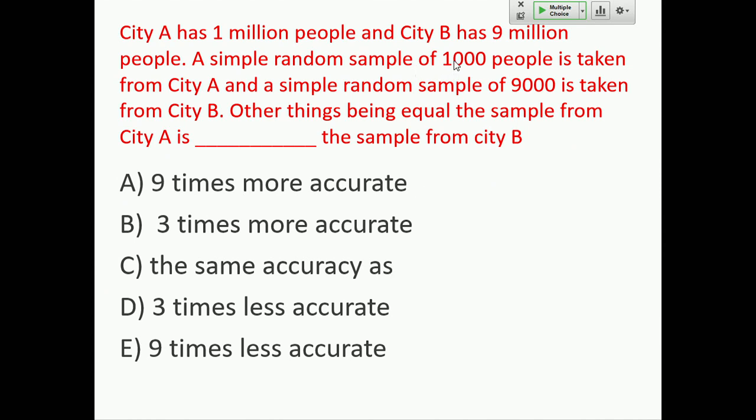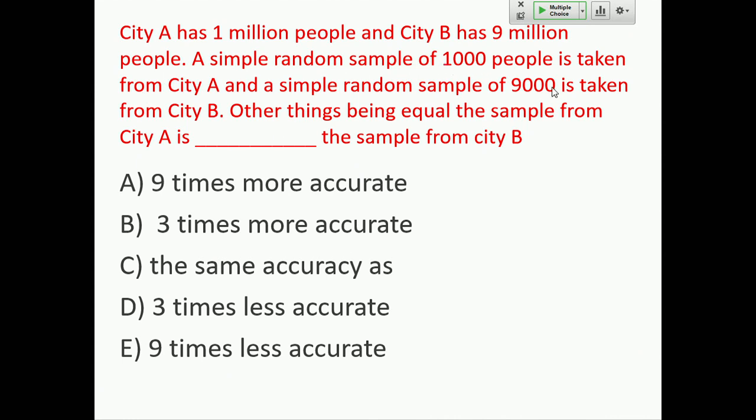Remember, if it was 1,000 and 1,000, it would be the same accuracy, right? You're thinking 9,000, you need more to achieve the same, but remember you just need the same size mouthful, whether you're sampling from a glass or a big pitcher to taste something. It doesn't depend on the population size. So if it had been 1,000, it would be the same accuracy.